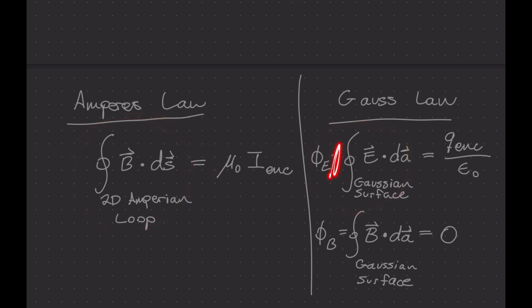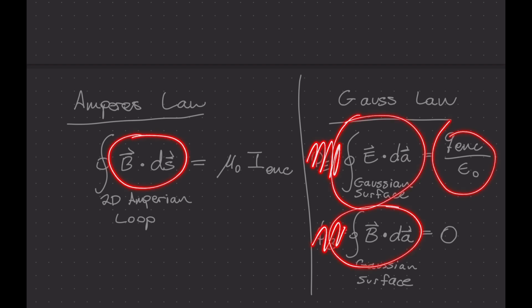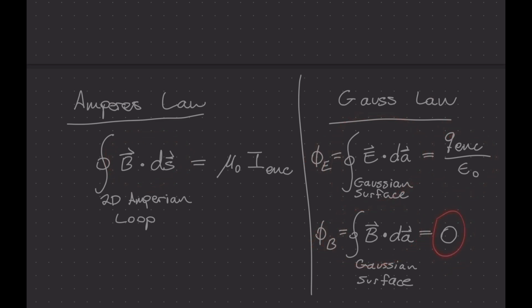You have an integral with a dot product of 2 vectors on this side. On the other side, you have just a number. In this case, it's a 0. The main differences are Ampere's law here uses the magnetic field. Gauss's law uses whichever field you want to use for the flux. So it could be the electric field, it could be the magnetic field.